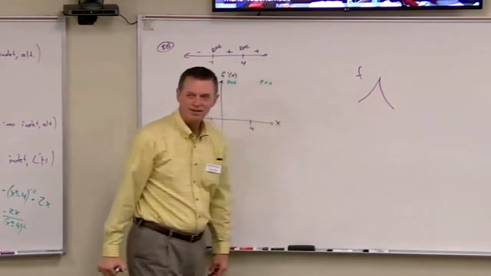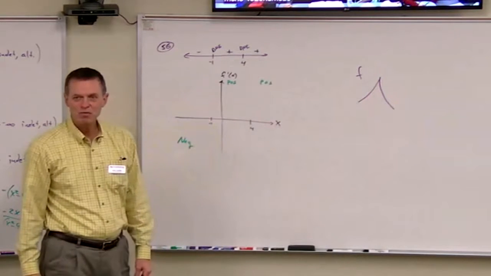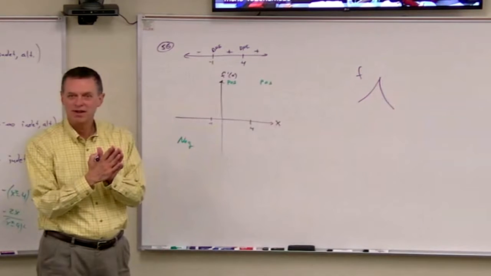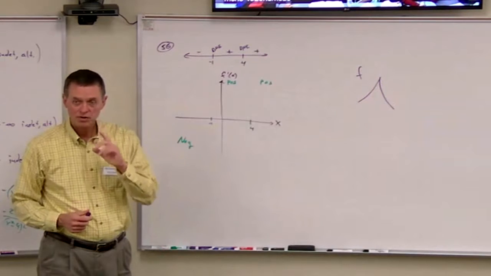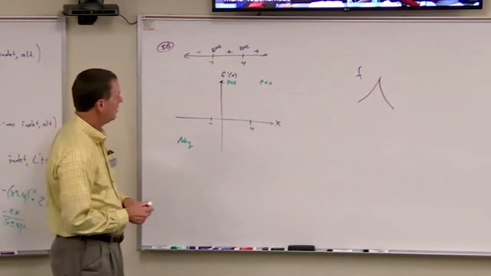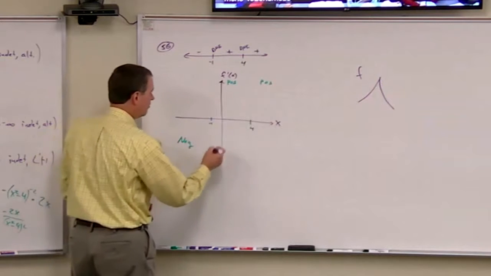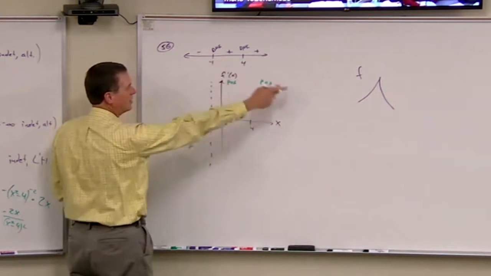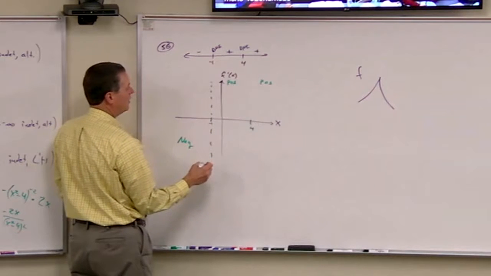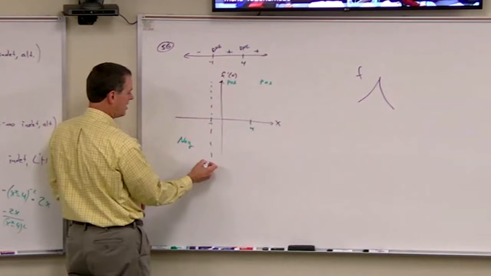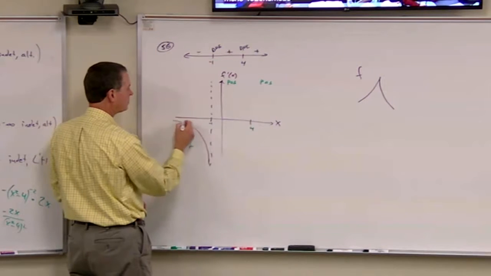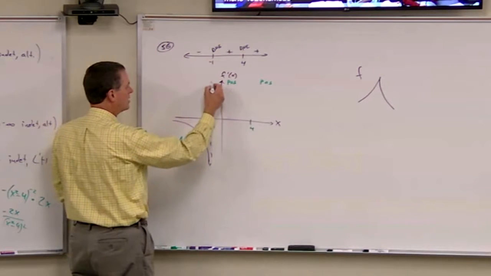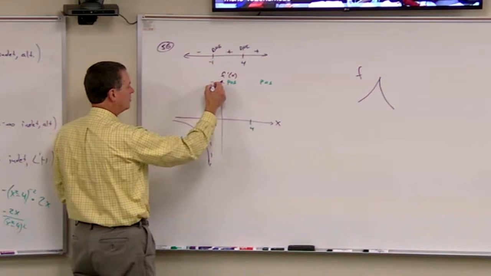So your slopes are getting up close to infinity there, looks to me like. So if that was the case, I might have some kind of asymptote. Let's say that at -1 was this one. So it looks like it's negative on one side, and positive on the other side.